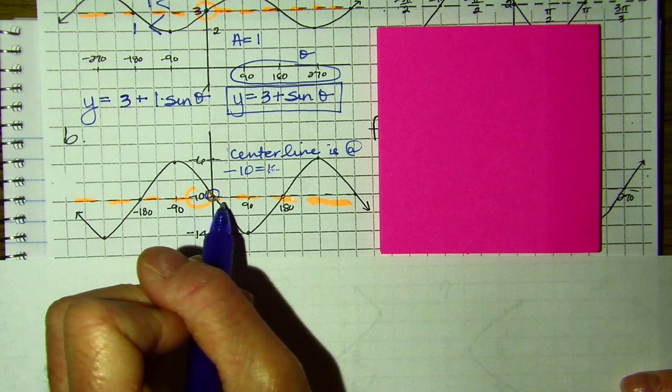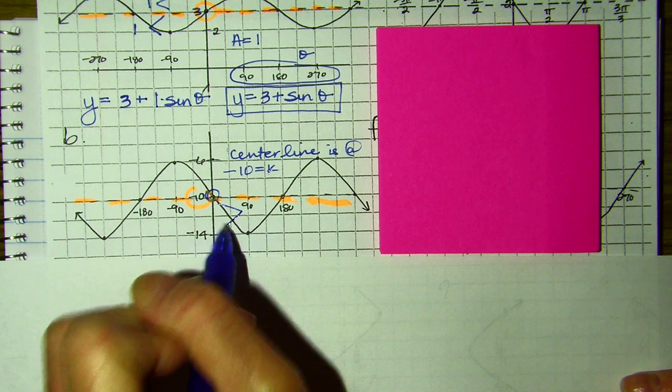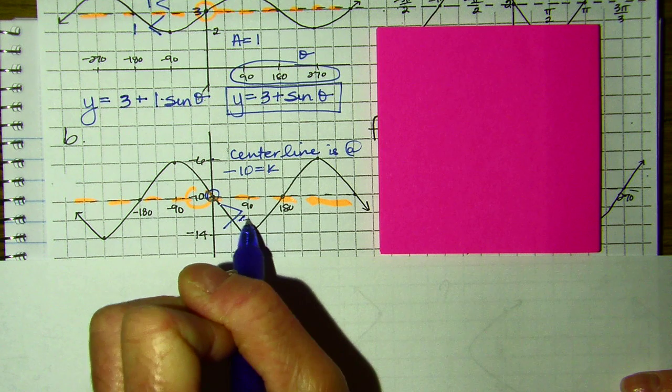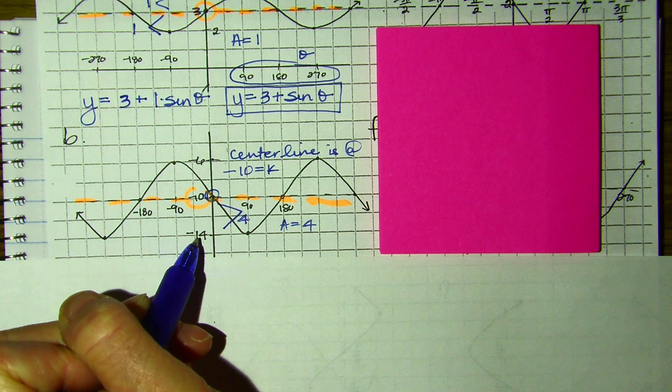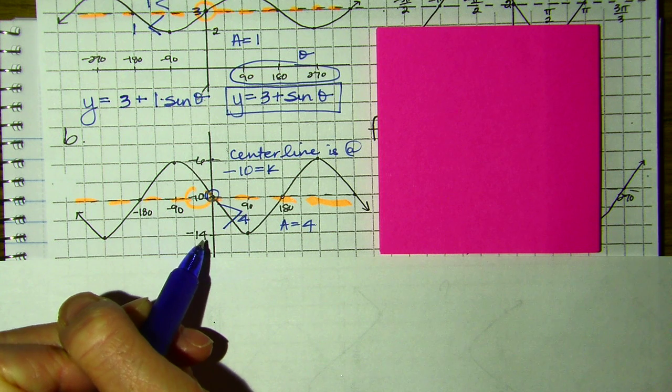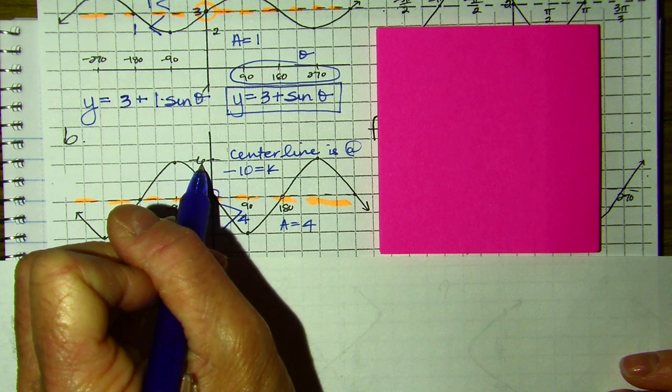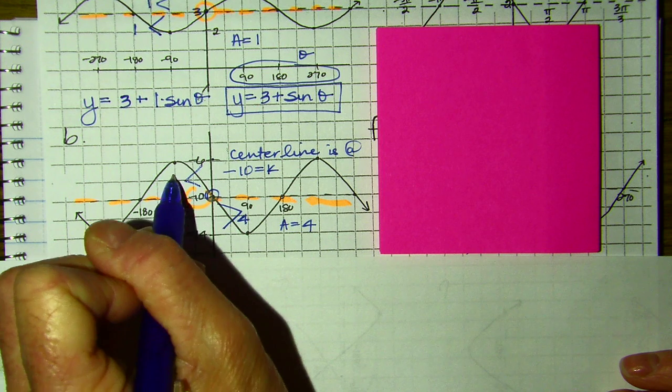My graph goes from -2 to -14. So I know my amplitude is 4, because the distance between -10 and -14 is 4. And the distance from -10 to -6 is also 4.